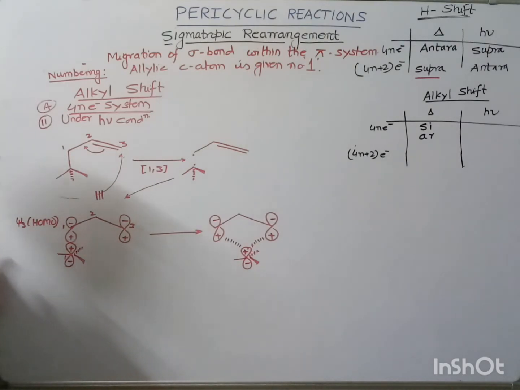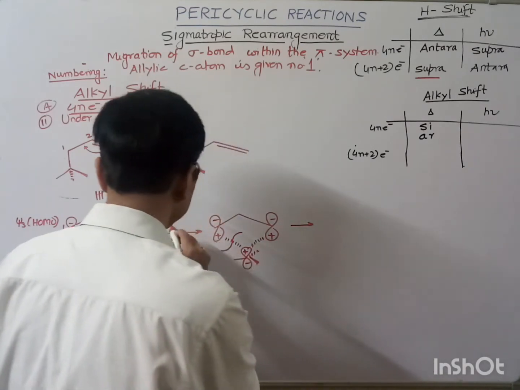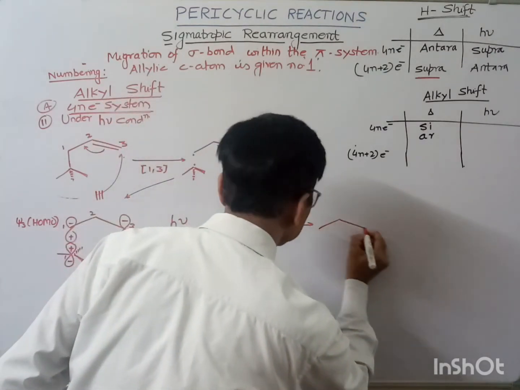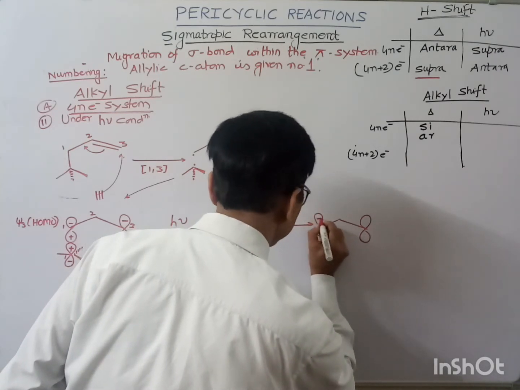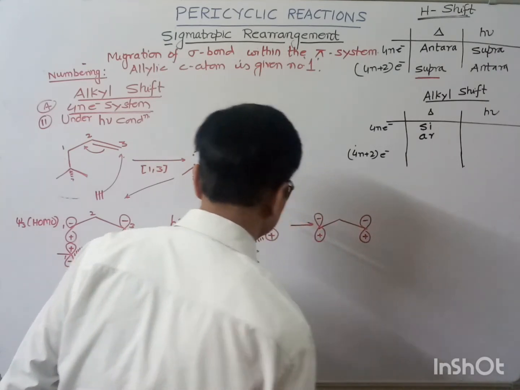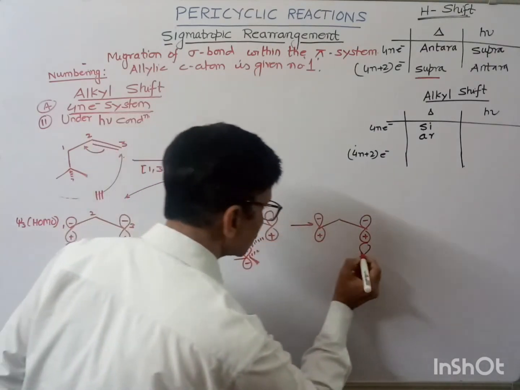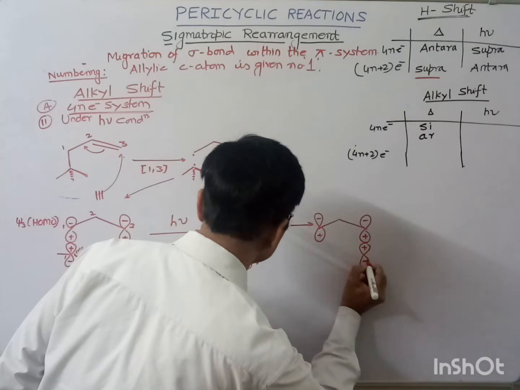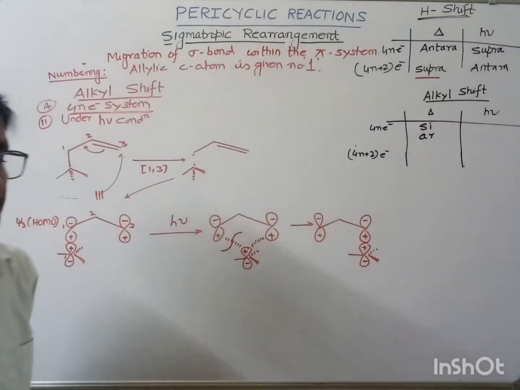Finally this bond breaks, and under photochemical condition we may show it in this manner. So finally the 1,3 interaction is taking place over here, and we may write this one.